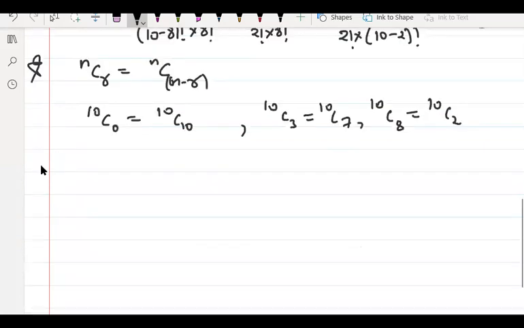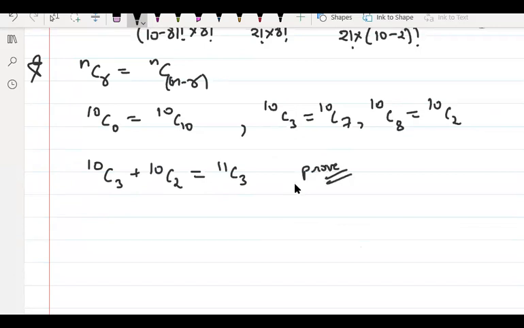Now, second property. This is something which I want you to prove: 10C3 plus 10C2 is equal to 11C3. You have to prove this. Guys, you should also do it step by step, please do with me.